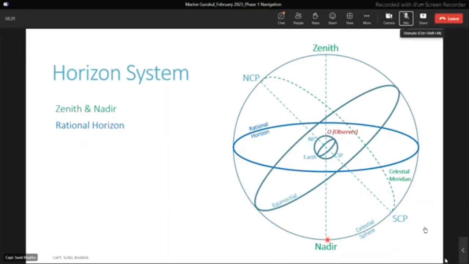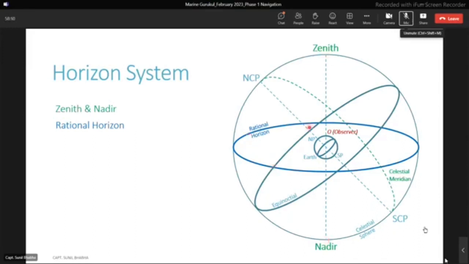It can be defined in another wording, that is, a rational horizon is a great circle on the celestial sphere, every point on which is 90 degrees away from the zenith as well as the nadir of the observer.